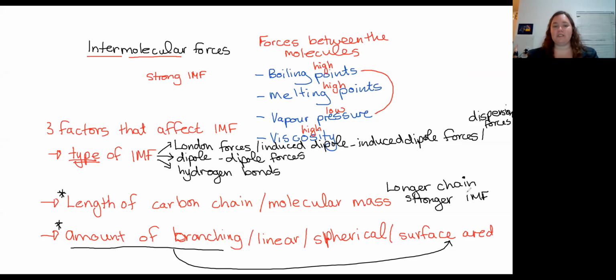The second bit deals with the amount of branching. Now, when we branch our chains, we actually make the entire structure more spherical. So I know we always have these pictures where we imagine these long chains of carbon, and then when we picture something off the side, maybe instead of having 5 carbons in a row, we have one branched off it.